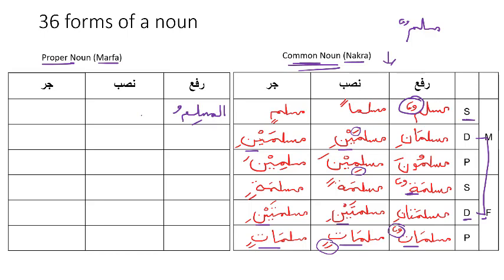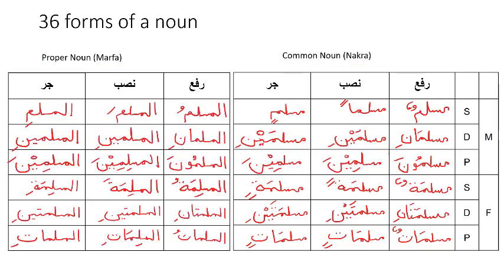Now I want you to do this for the remaining 17. And do this before you look at the next slide. So here is the solution, and as I said, notice we have al at the start of each of these terms, and then at the end, wherever there is a tanween, we change the tanween so that double dhamma becomes a single dhamma, the double fatha becomes a single fatha, and so on.